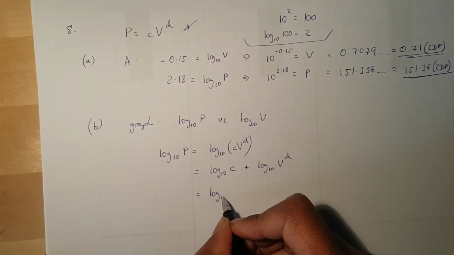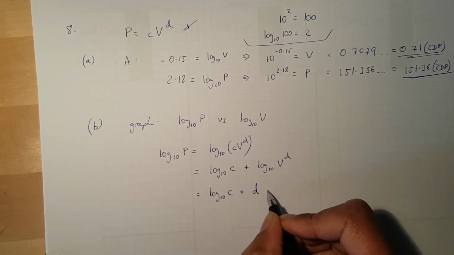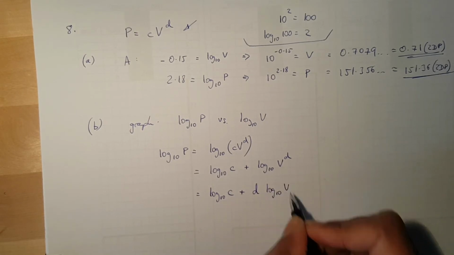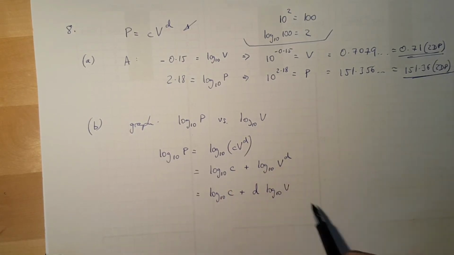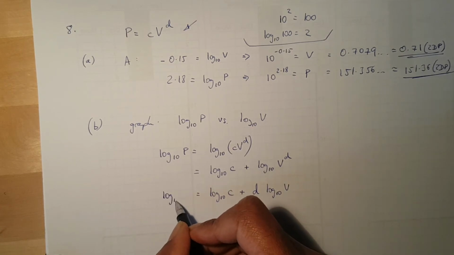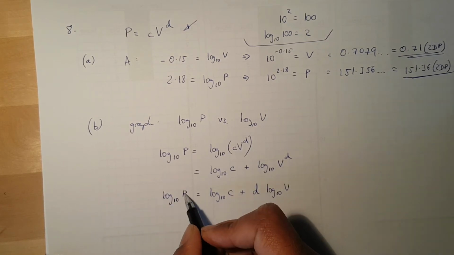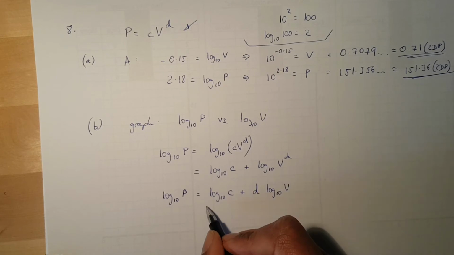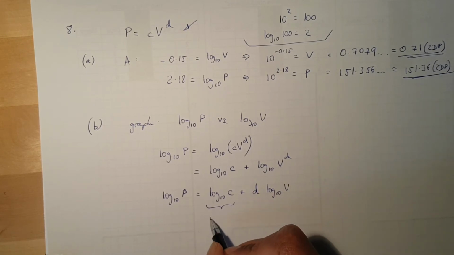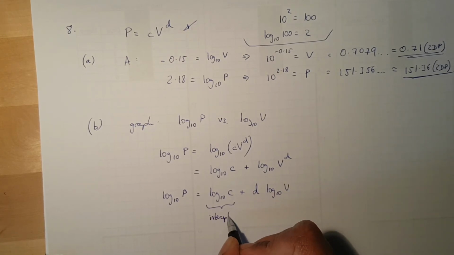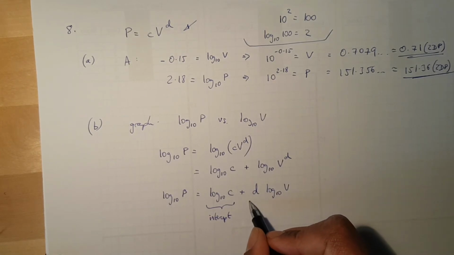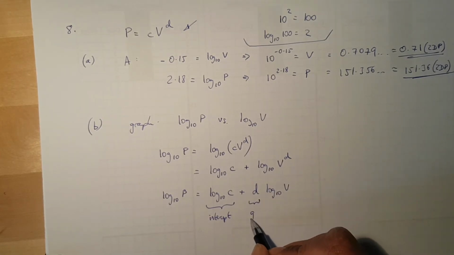And so I get log to the base 10 of C plus D lots of log to the base 10 of V. And that is an equation for my line on my graph, where this is going to be the intercept, the log to the base 10 of P intercept, and this is going to be the gradient.